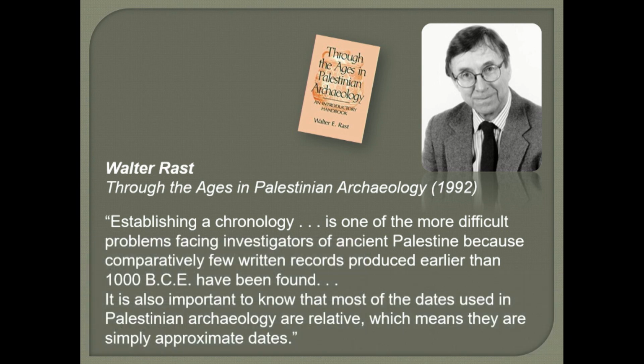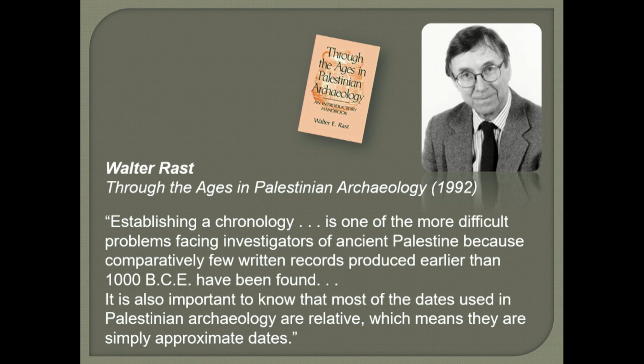Walter Rast is an archaeologist who wrote a book, Through the Ages in Palestinian Archaeology, and he said that establishing chronology is one of the more difficult problems facing investigators of ancient Palestine, because comparatively few written records were produced earlier than 1000 BC.